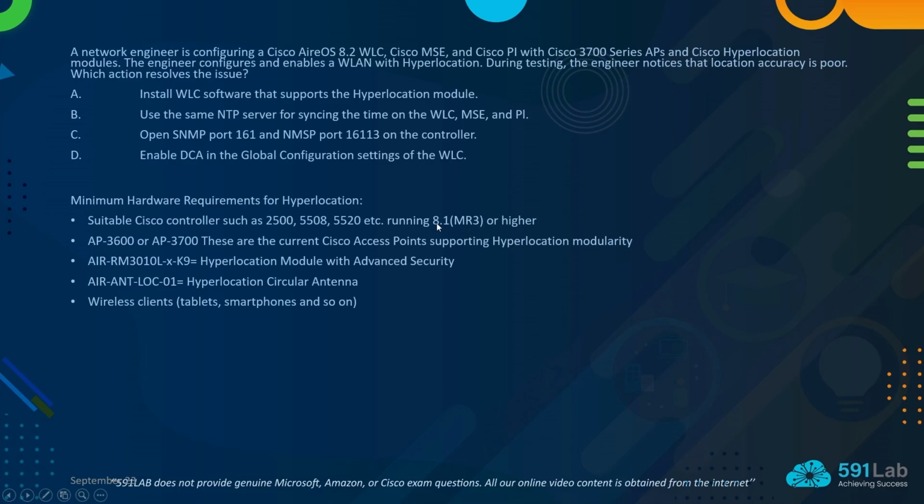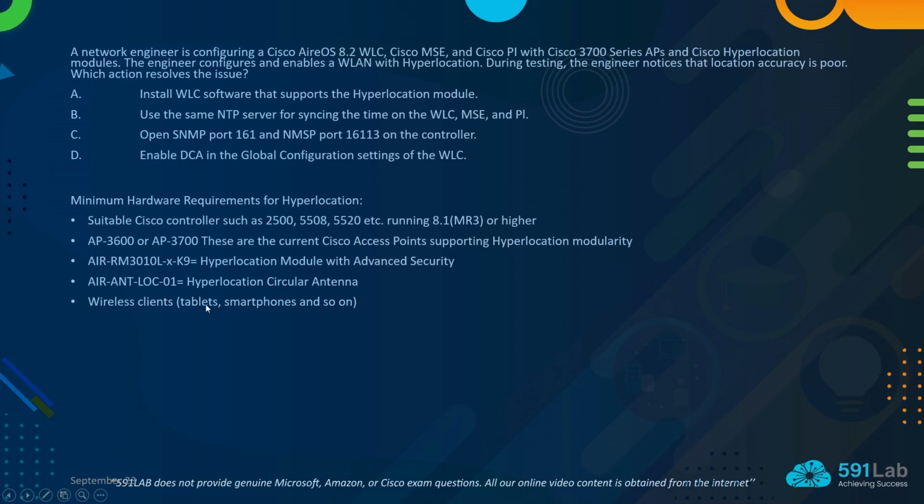So we know that we meet this requirement because we are already running 8.2. On the software side, it is 100% supported. Also, it should have AP3600 or AP3700 with a hyperlocation module. Since we're already using 3700, we know that the access point in this case is supported by hyperlocation.